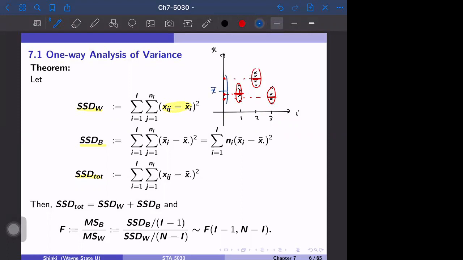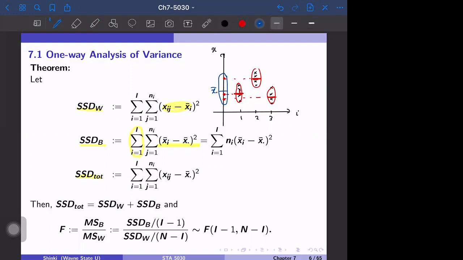So we think about the variability in these 3 observations, and that is this quantity. Basically we take the summation over i of x bar_i minus x dot bar. X dot bar is here.